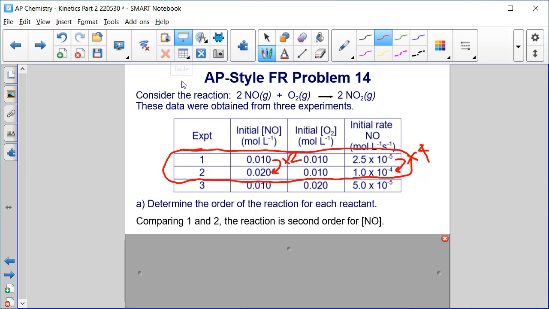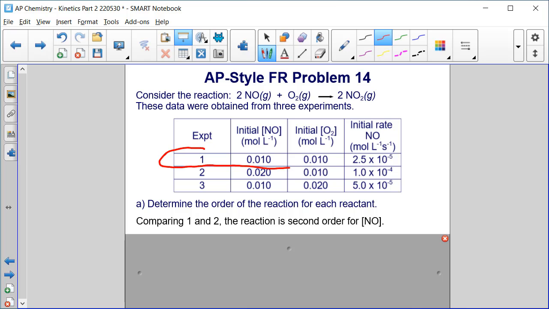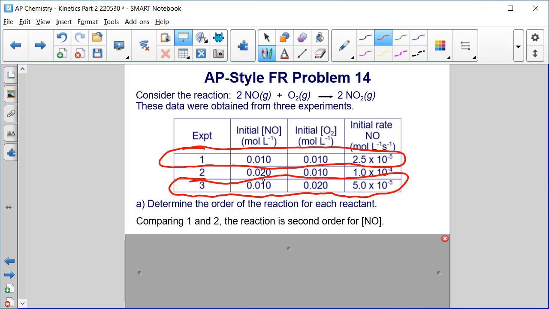Now, let's compare experiment 1 and trial 3. In this case, we're holding the NO concentration constant just to see what impact O2 concentration has on the rate. From here to here, we are doubling.